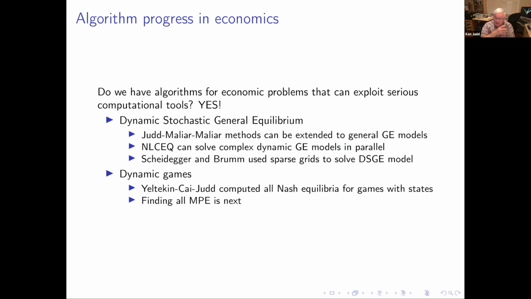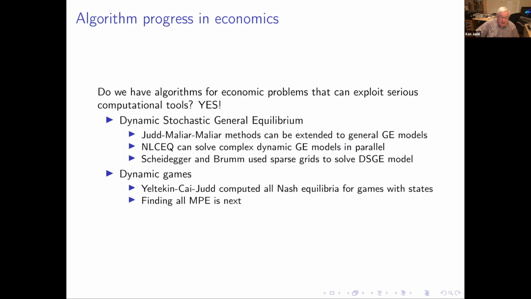Of course, that's going to increase the demand for computational power. But those methods are all very parallelizable, and so we have the algorithmic tools to do it. And once you move to higher power computing, you have the power to do it. I mentioned how NLCEQ can solve complex dynamic GE problems.